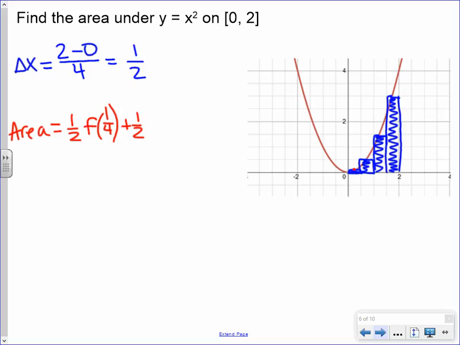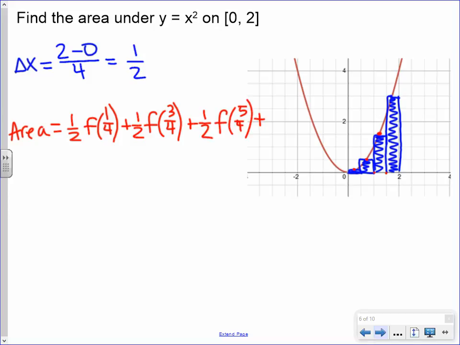So this second rectangle has width of 1/2 and height of f of 3/4. What is the middle of 1 to 3/2? 5/4. So that third rectangle has width 1/2, height f of 5/4.